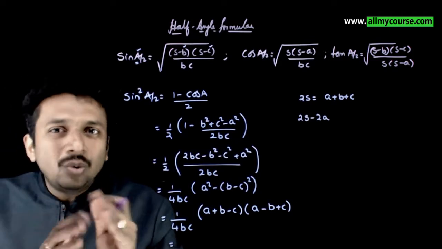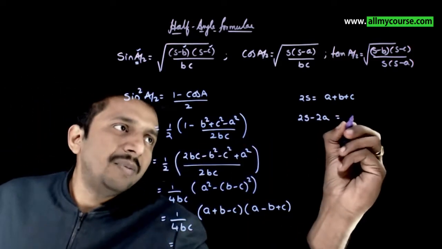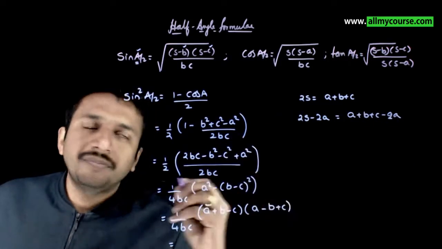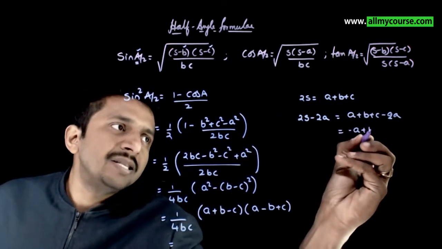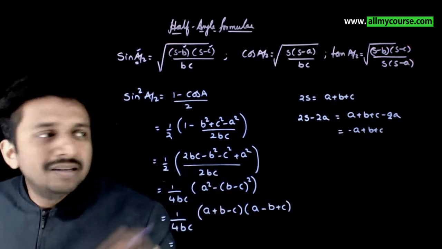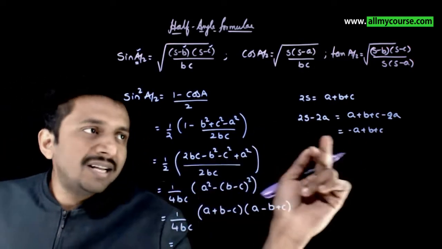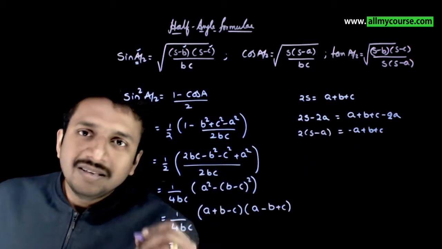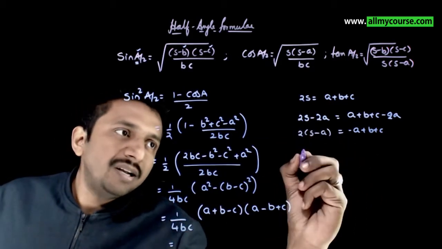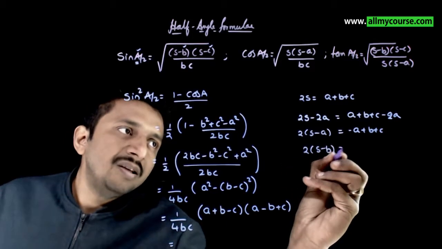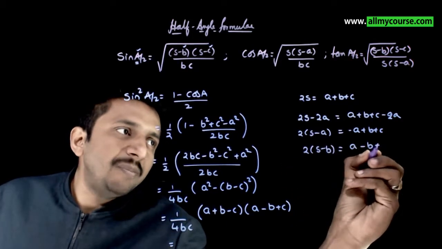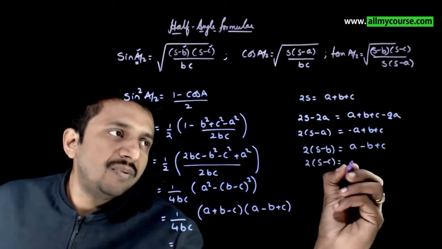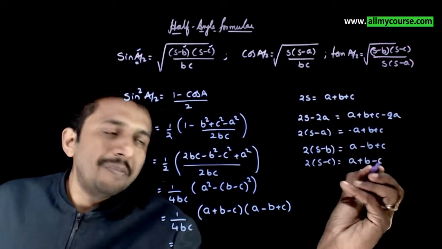It is A plus B plus C minus 2A, that is nothing but minus A plus B plus C. So B plus C minus A is nothing but 2 times (S minus A). Similarly, if you subtract 2B, 2 times (S minus B) will be equal to A minus B plus C. And 2 times (S minus C) is equal to A plus B minus C.